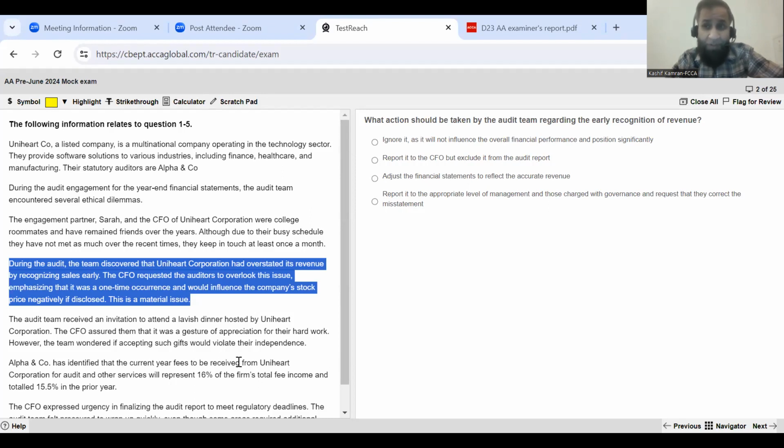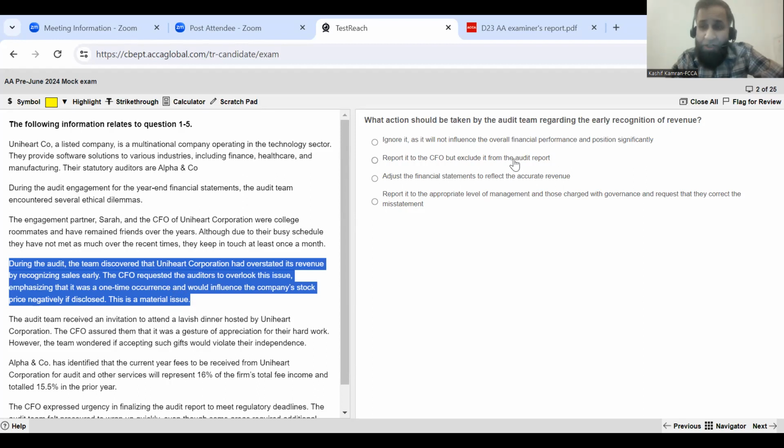This is quite a strange behavior of the CFO, emphasizing that it was a one-time occurrence and would influence the company's stock prices negatively. So he just wants you not to look into this early recognition of revenue, because he believes this is one time and this will negatively impact the share prices of the company. And this is a material issue.